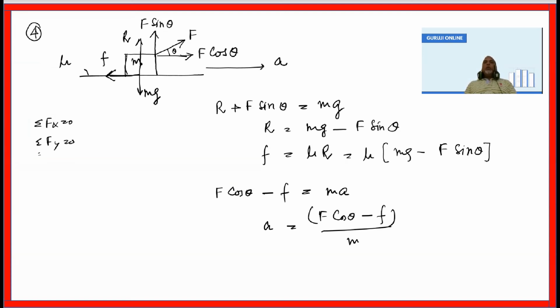Now this is equivalent to you pulling the block. Now let us take the example of you pushing the block.